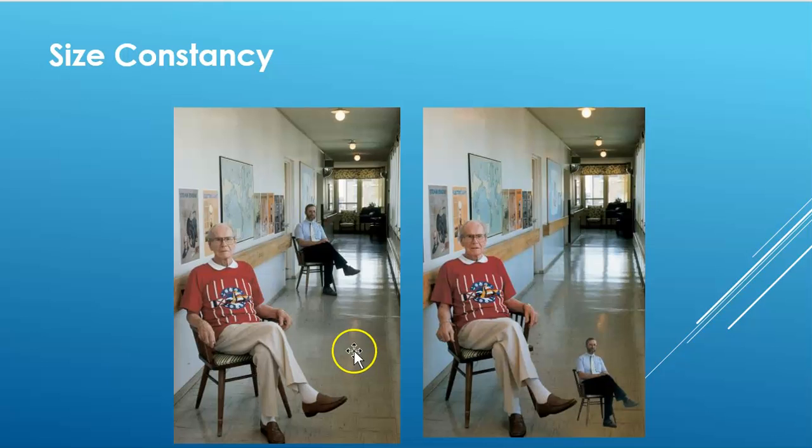But our brain recognizes that he's further back in the distance and uses size consistency to understand that something further away will look smaller. So our brain understands this, even though this is the reality when talking about just the measurements in an image.